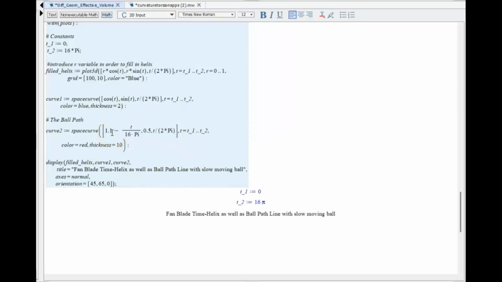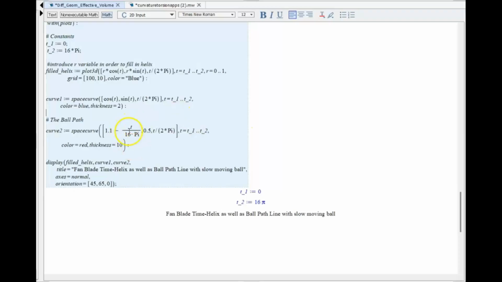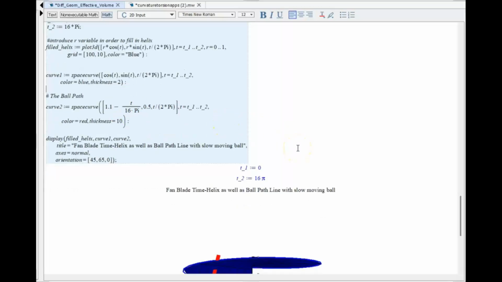I had it start just outside of our circle, just outside of a radius of 1, and then it moves to the left at a slower speed than our strake is moving, because the time is divided by a much larger amount. It stays at a steady y, but it still moves through our time axis the same amount. It's only moving in the x-axis slower than it was before.